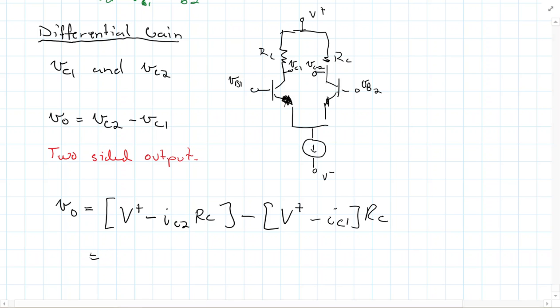Real quickly we can see what happens here. These V pluses cancel. I've got a minus here, a minus minus, so this becomes IC1 minus IC2 times RC.